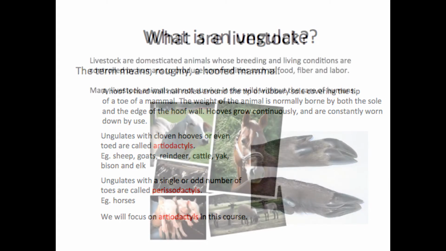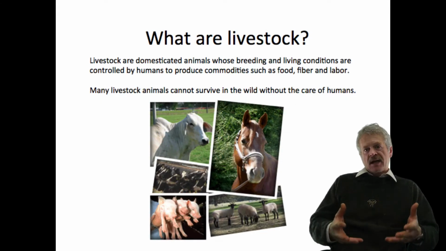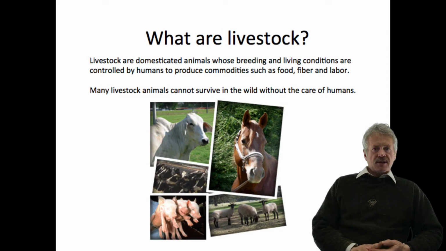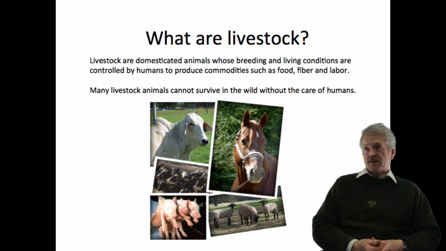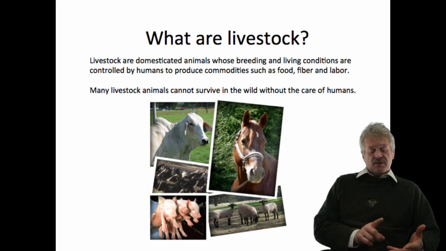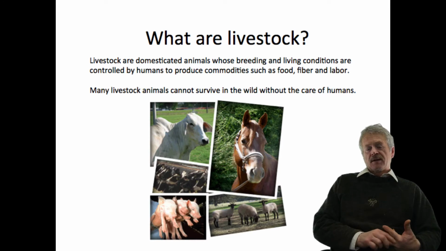And so, what are livestock? Livestock are domesticated animals that we use for very specific purposes. And those specific purposes: we eat them. They are a source of fiber. Sheep and goats are a very good example of a fiber source, and labor.